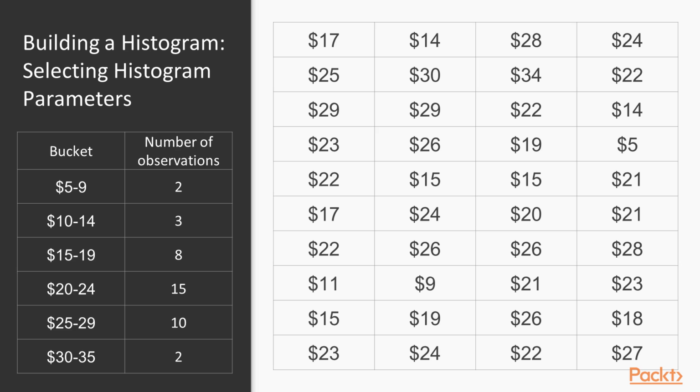So the next bucket of $15 to $19 US per hour, including $15 and $19, has 8 salaries, 8 observations. Then the next bucket will have 15 observations, the next bucket will have 10 observations, and the last bucket will have 2 observations.